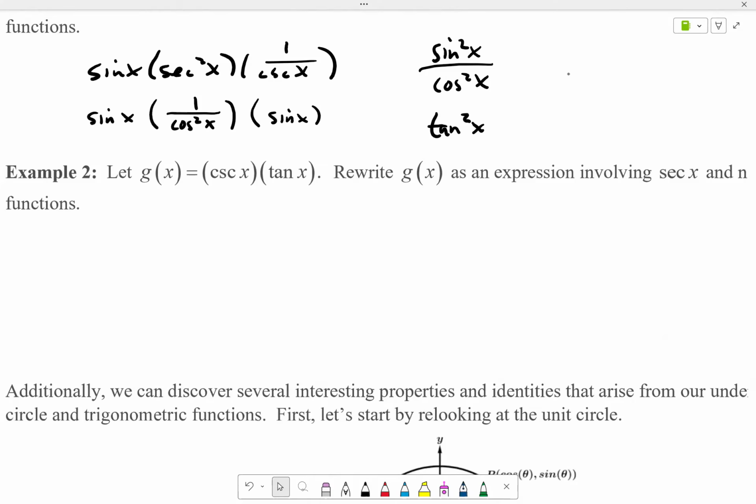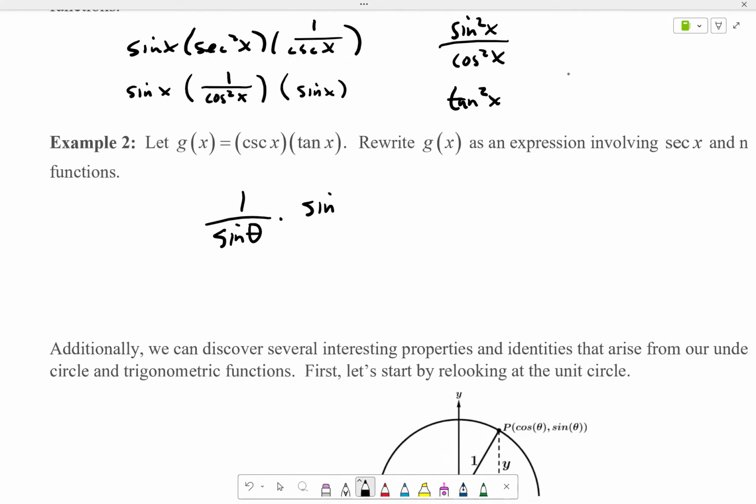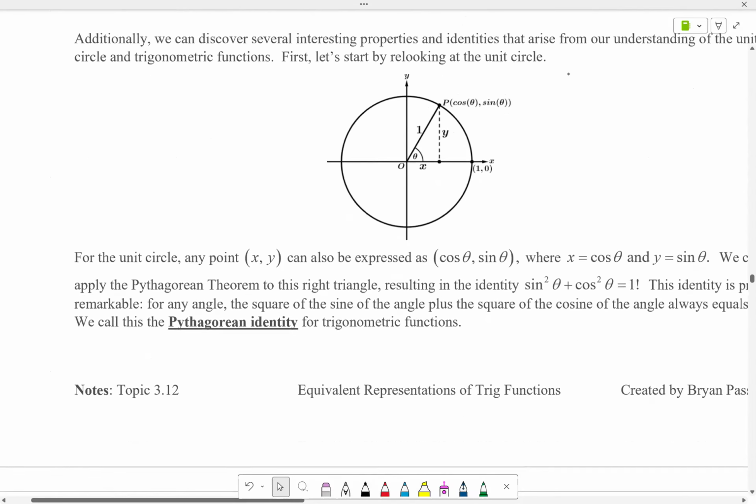This is actually relatively simple. Okay, so cosecant, that's 1 over sine theta. Tangent is what? Sine theta over cosine. Oh yeah, this one isn't very tricky. We're just left with secant theta. I did thetas instead of x's. Yeah, it would be x.